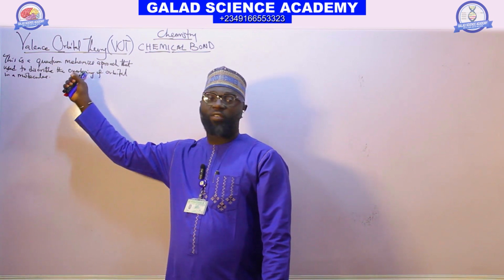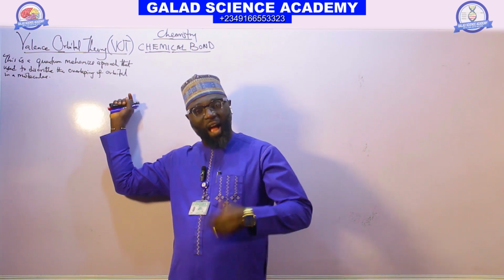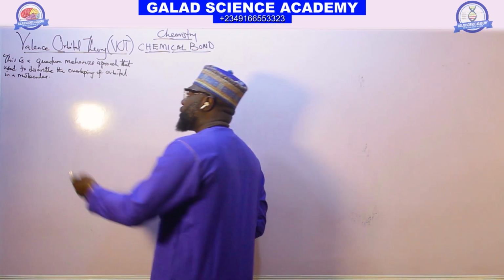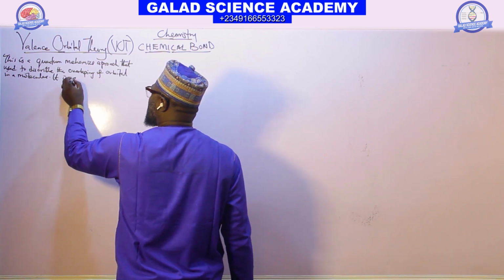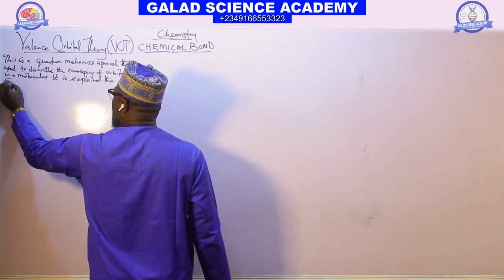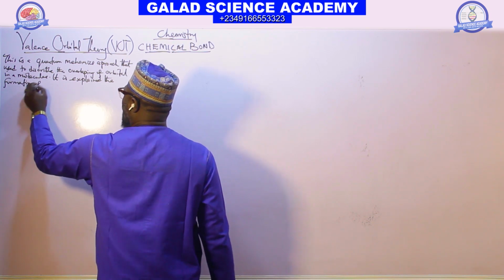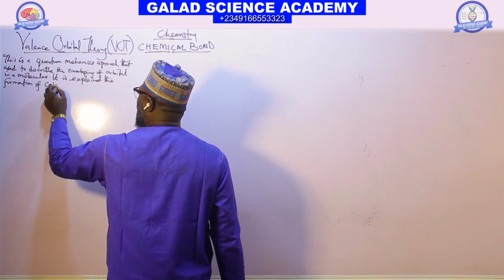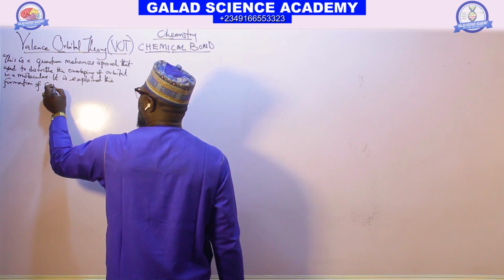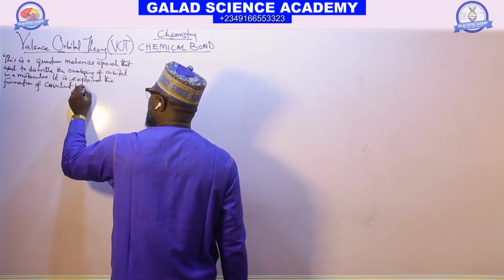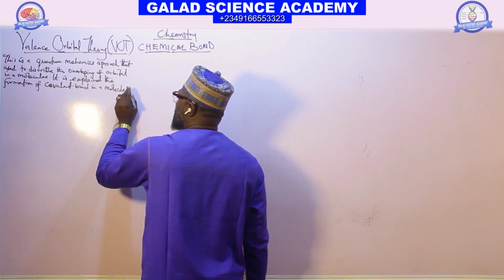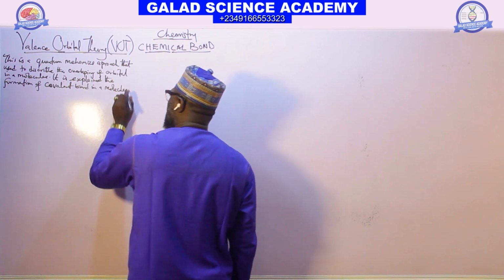So this theory is just based on how orbitals will overlap with each other to form a covalent bond. It explains the formation of a covalent bond in a molecule.